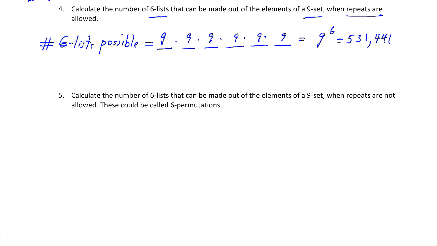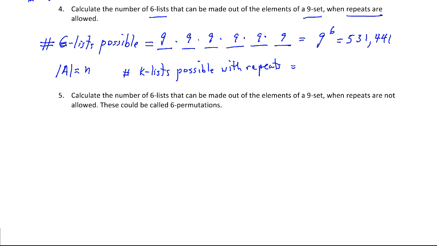In any case, this is a special case of the general formula where if we have a set A with size n and we want to make lists of length k, then the number of k lists possible with repeats is n raised to the kth power.